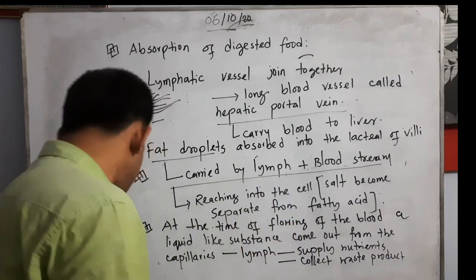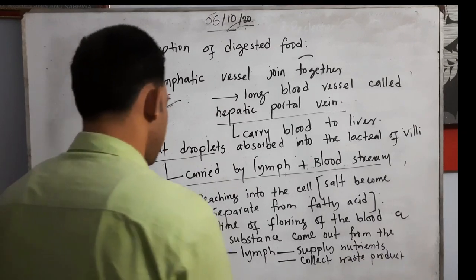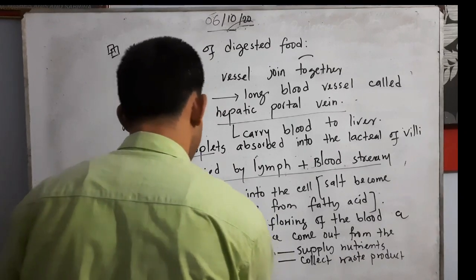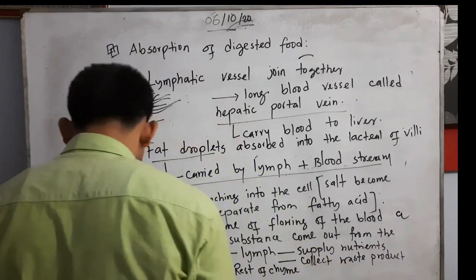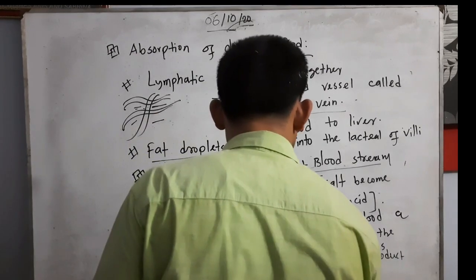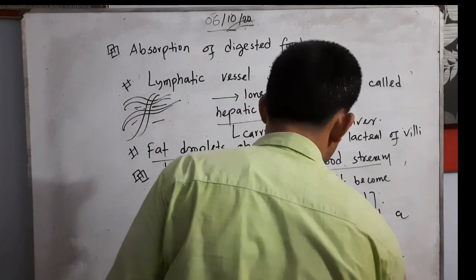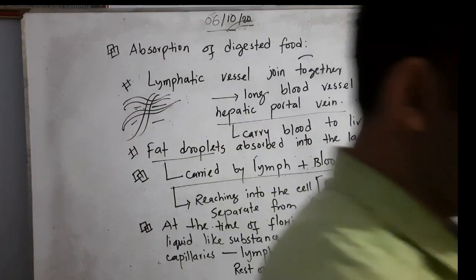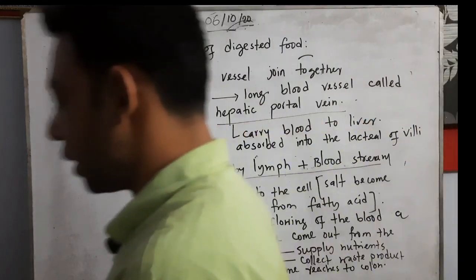Very important. And last, the rest of the chyme after absorption reaches the colon. In this way, the total absorption process is going on and done. I hope you understood what I tried to make you understand here.